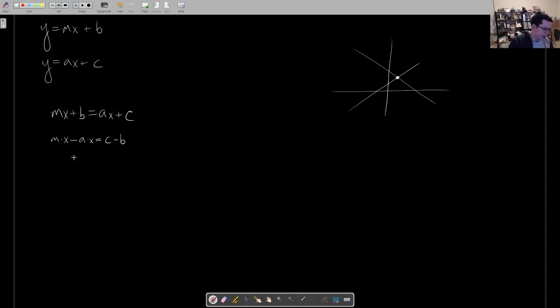And then we factor out over here, and we have x times m minus a equals c minus b. And then we divide. X equals c minus b divided by m minus a, as long as m and a are not equal. Because if m and a were equal, they would be parallel lines, and they wouldn't cross.